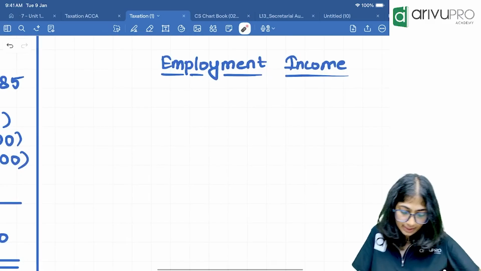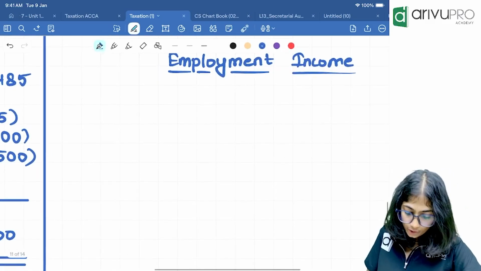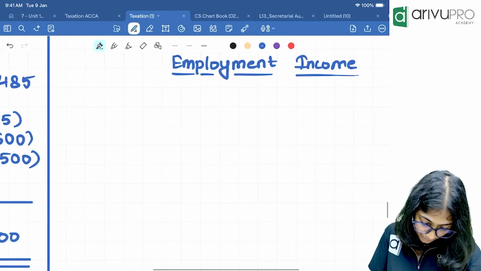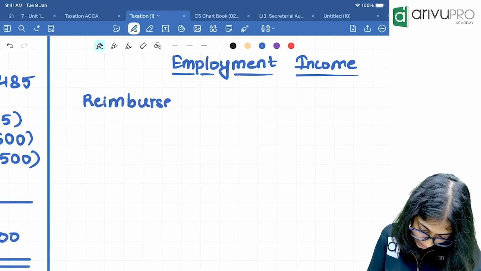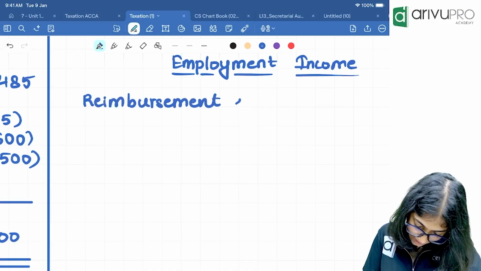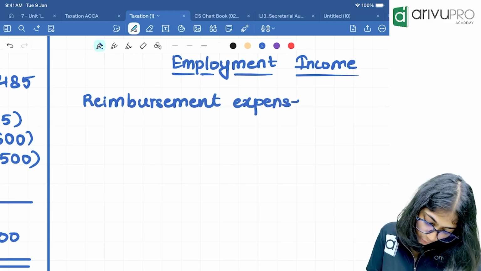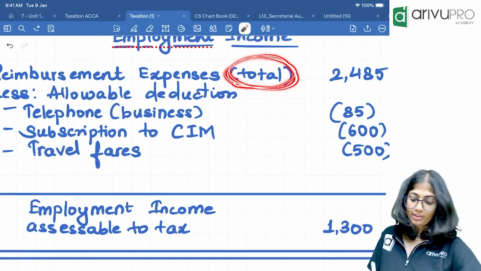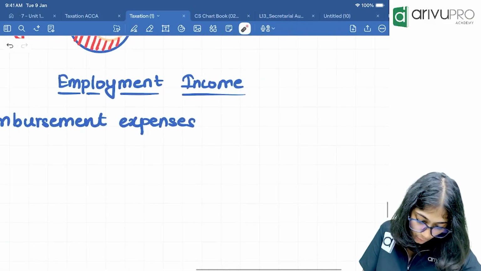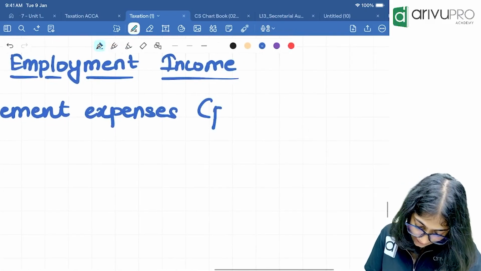Another way of dealing with this is, instead of putting total reimbursement amount, reimbursement expenses. Instead of putting the total amount, I am only going to put the personal amount.